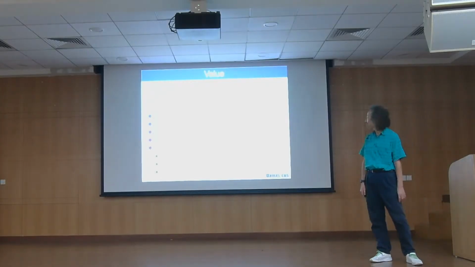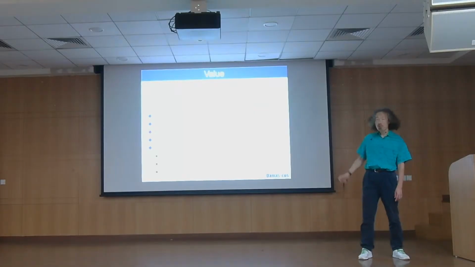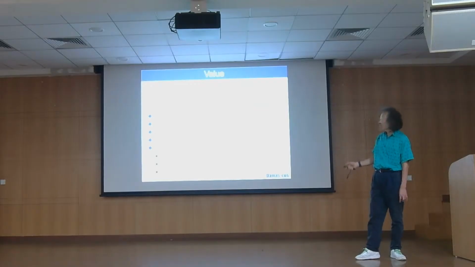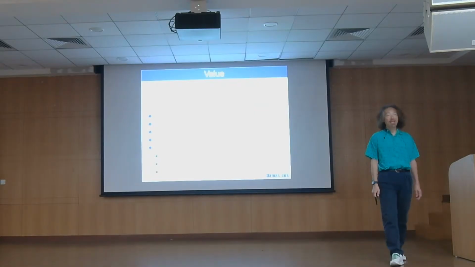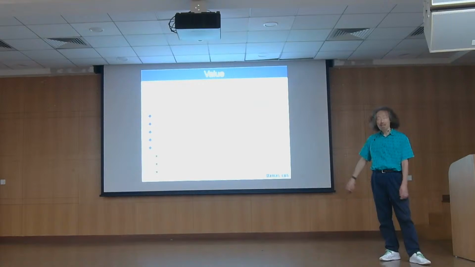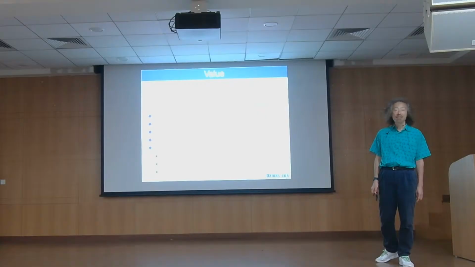Let me give you some examples. For example, value may be to enable something like new function, or it may be better performance, more accurate, or more stable. It may be versatility so that you can apply to a wider range of applications. And quick startup may be one of the values possible because you don't have to wait for a long time after you have switched on the system.